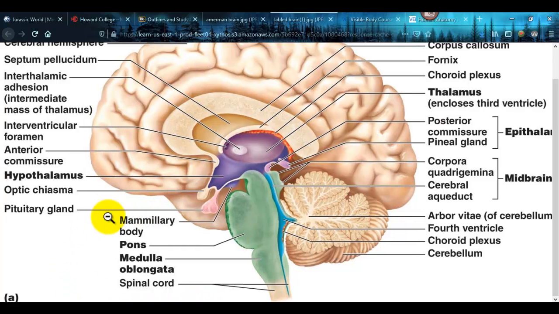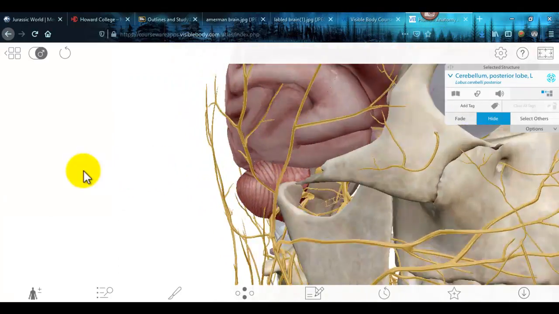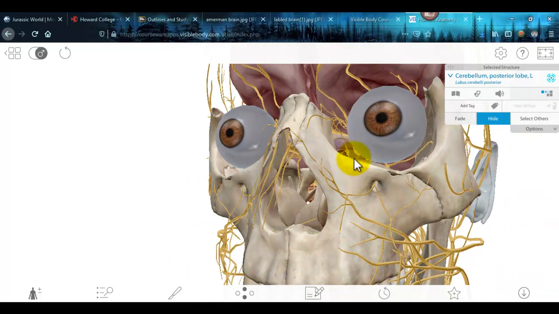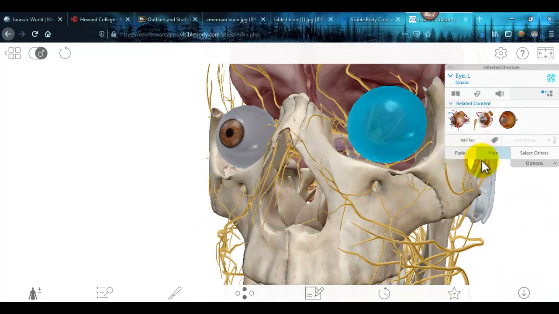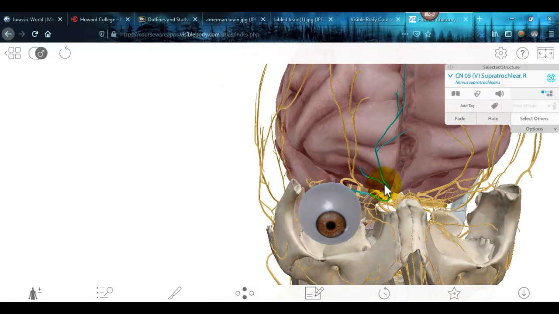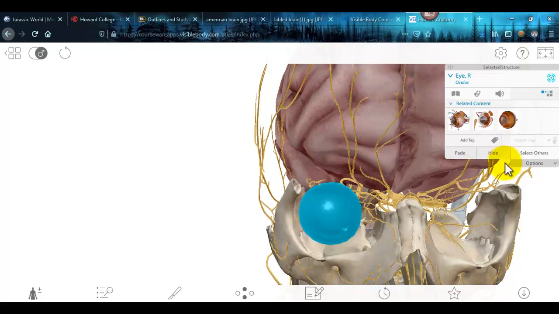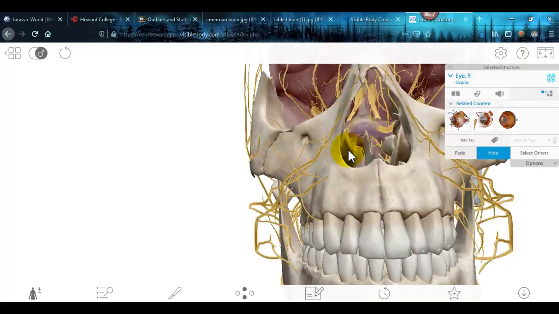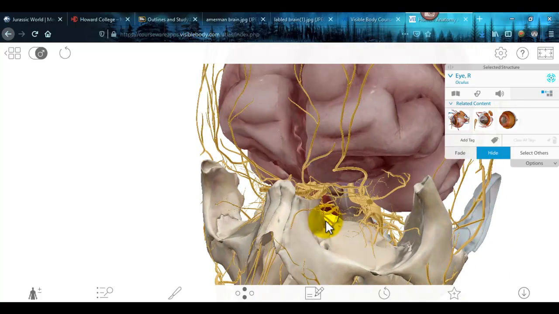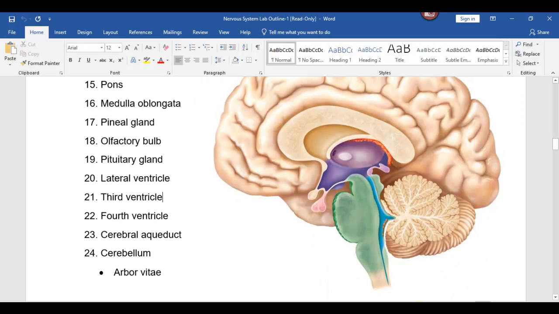Once again, it's on your list, but if I can't get a good opportunity to show you, obviously I'm not going to ask, but I could probably take this guy here and get rid of an eyeball. Let's see on the other side, right there. That's the supratrochlear. Well, the optic, they look like Q-tips.